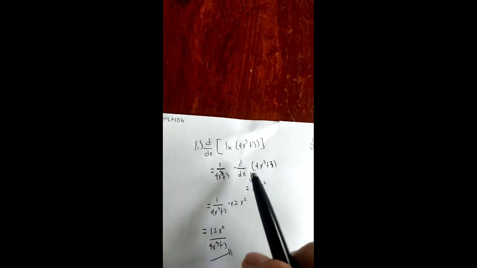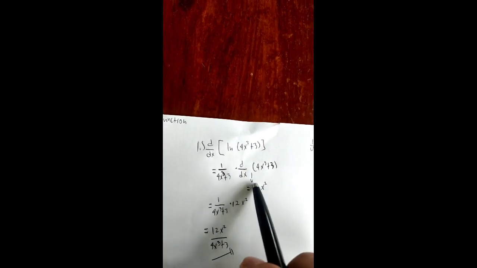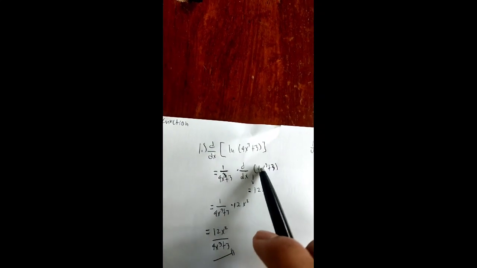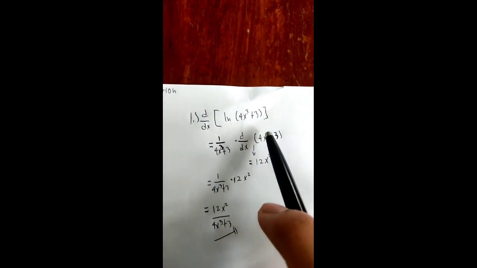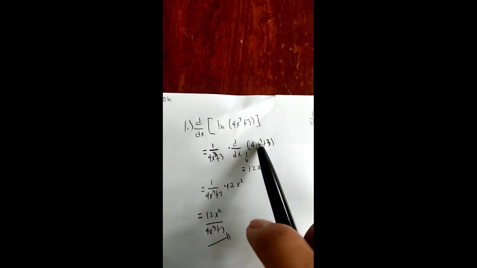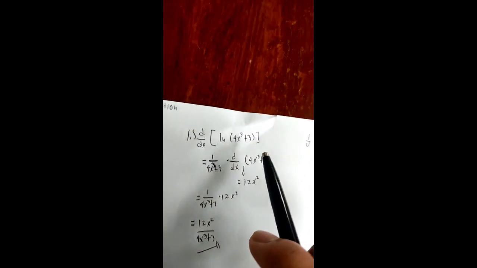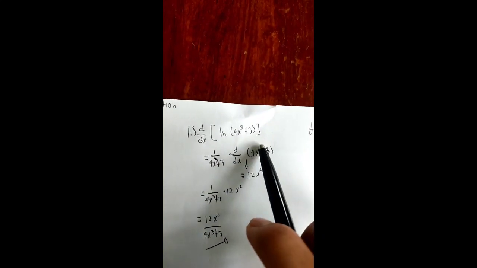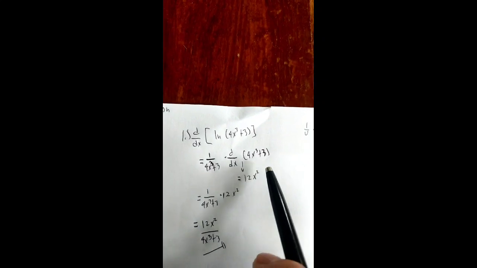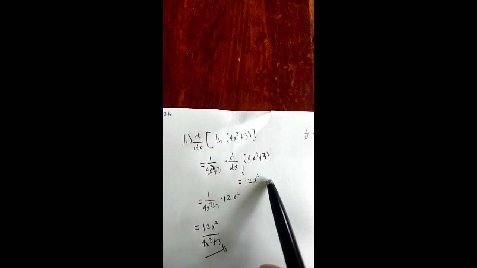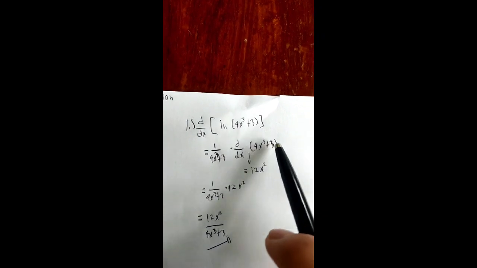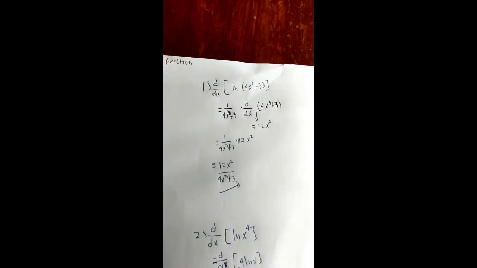And if we get the derivative of 4x cubed plus 3, that would be 12x squared, because we just transfer the 3 here as we stated in the laws of derivatives, and 4 times 3 would be equal to 12. And for the 3 here, we just subtract 1, that would be 2. And if you notice, there's already no 3 here, because it's stated in the laws of derivatives that the derivative of a constant is always equal to 0.